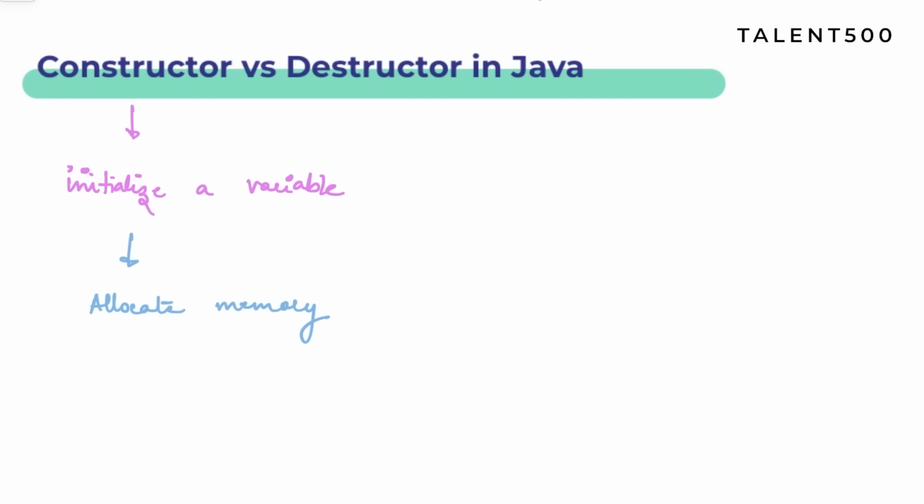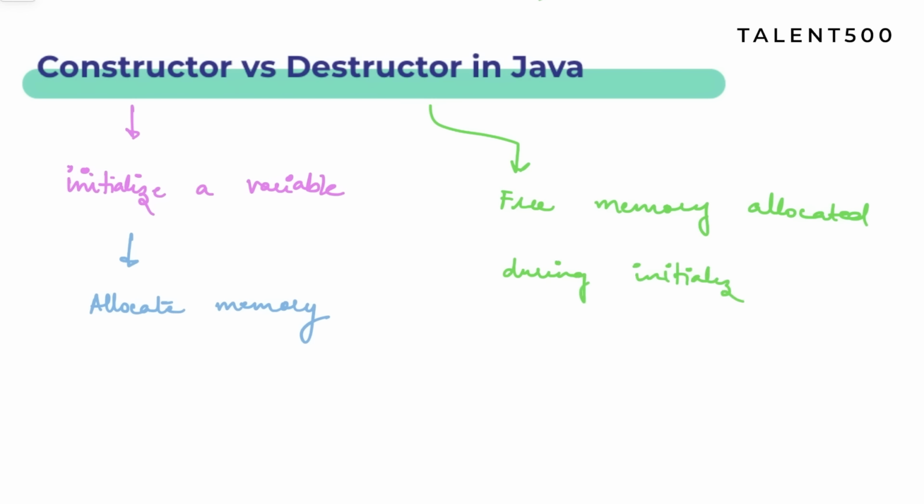So why do we use a destructor? Whatever memory you have allocated at the time of initialization, you are going to be freeing up that memory. So: free memory allocated during initialization.